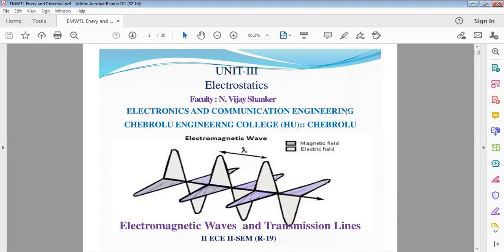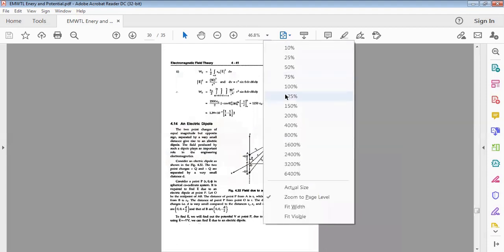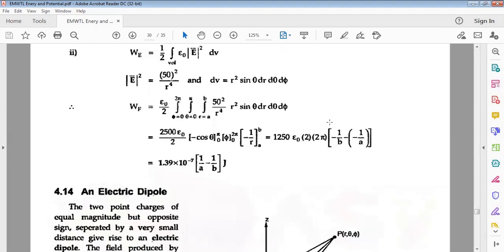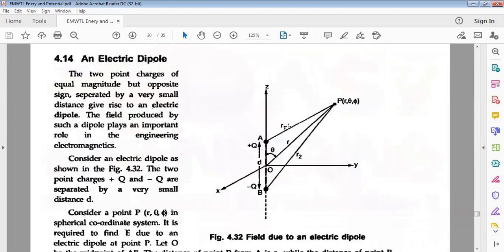Now today we are going to discuss the electric dipole. See the diagram here. The field due to an electric dipole, the electric field intensity. Two point charges of equal magnitude but opposite signs.